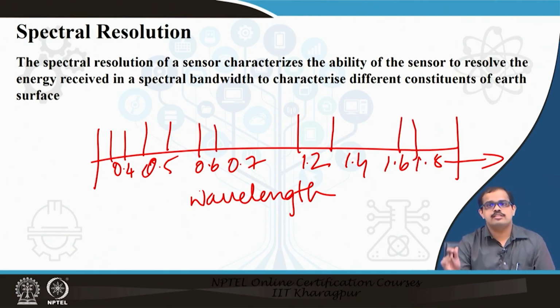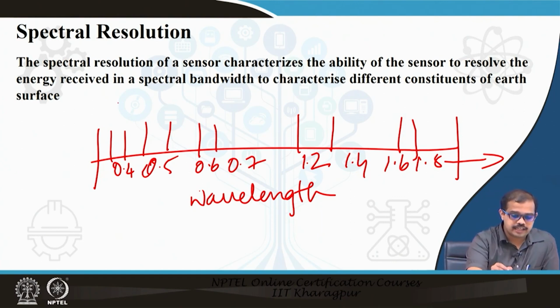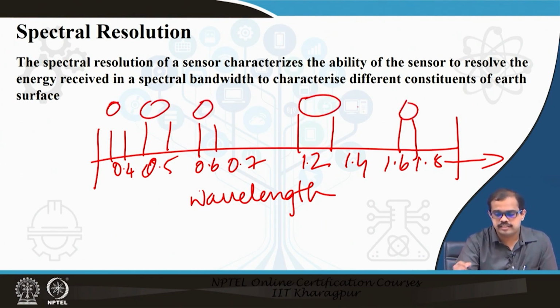This is the spectral resolution of that satellite, which means it has bands 1, 2, 3, 4, 5, with sensors which capture in these different bands. So, this is nothing but spectral resolution.